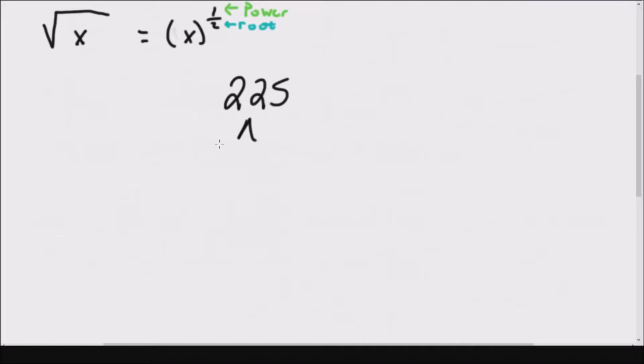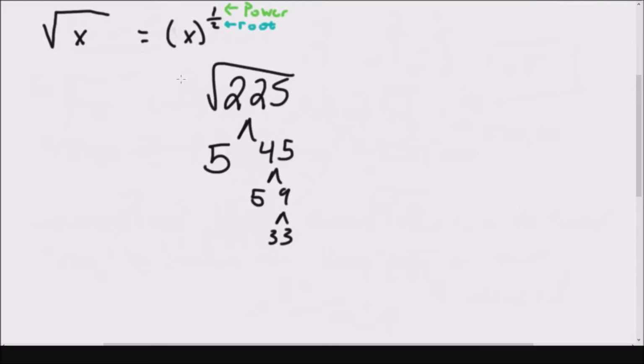225. Clearly divisible by 5, and that would be 5 times 45, which is 5 times 9, which is 3 times 3. So we're looking for the square root, understood 2.